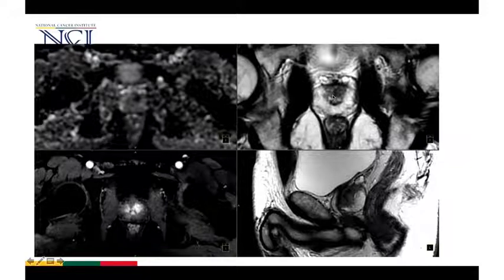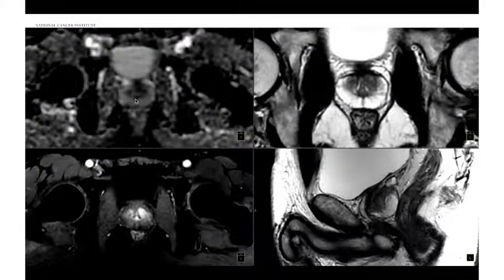It is difficult to say if it's in the transition zone or in the periphery, in the anterior horn. If we think it's an adenomatous node, then there could be a question mark, but I think it's more in the anterior horn, though of course it could be a discussion.